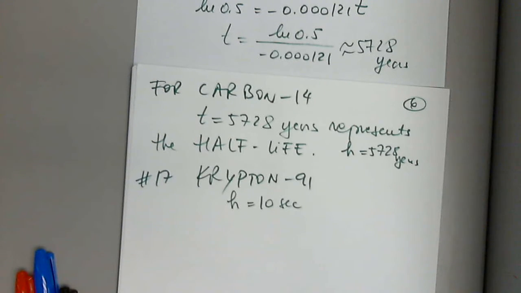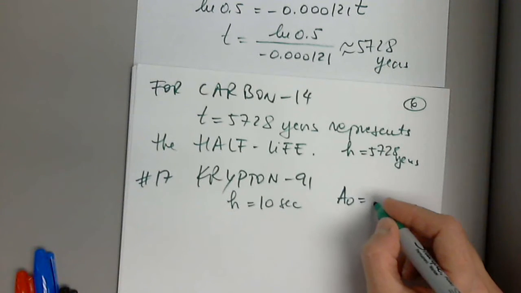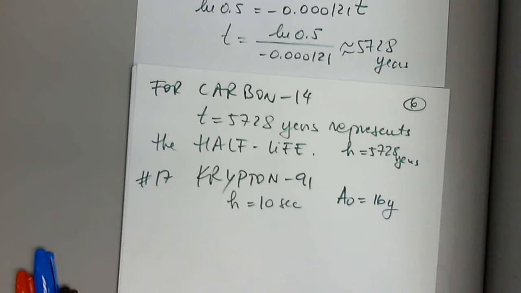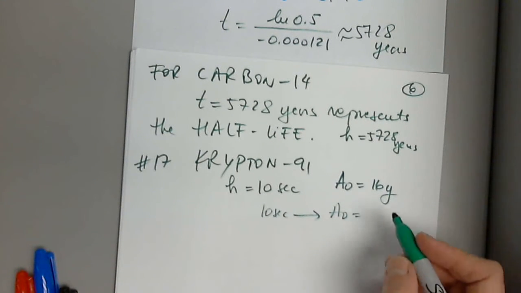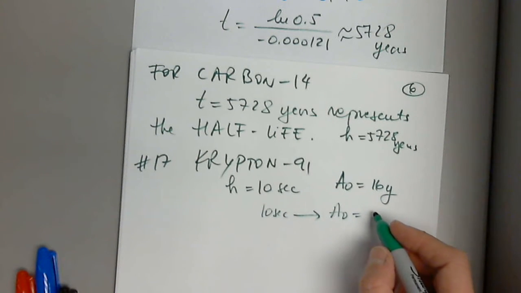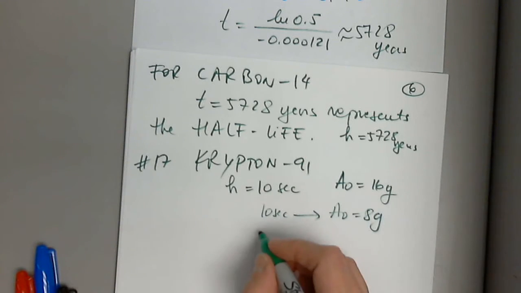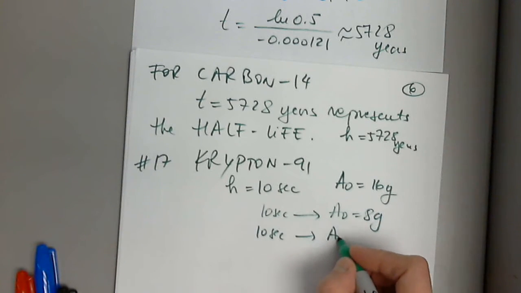Okay, they say we have 16 grams. So our original mass is 16 grams again. Now they're asking us, if 16 grams of krypton-91 are initially present, how many grams are present after 50 seconds? 10 seconds later, A0 is? Another 10 seconds later, A0 is?